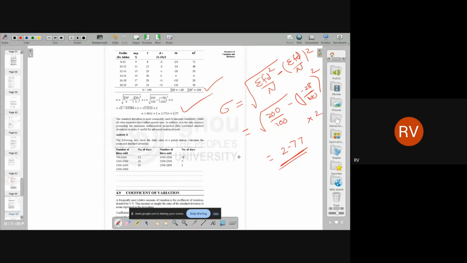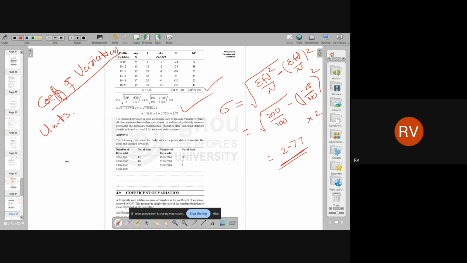Standard deviation. And there is also coefficient of variation. Then the use of coefficient of variation in measures of variability, that is measures of variation. There are some units.